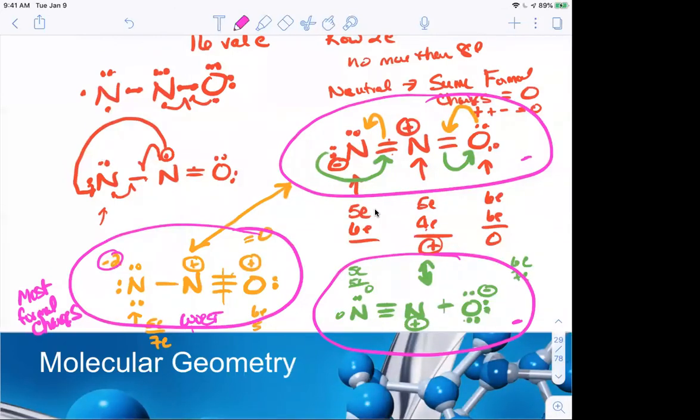These two, this guy here and this guy here, which one is better? Well, here, my negative charge is on the more electronegative atom.